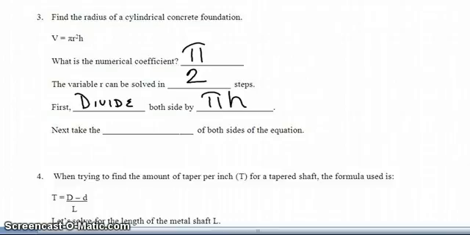Then we're going to be left with r squared. So to do that, we're going to have to take the square root of both sides. Let's see what this looks like in action. So v equals pi r squared h.